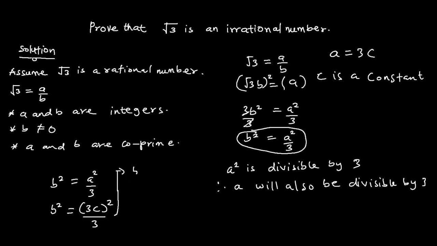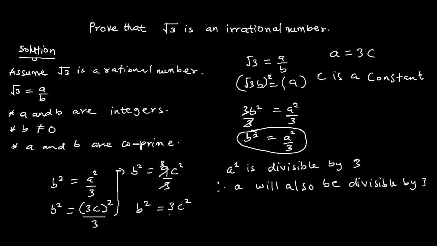So this will give me b squared equal to 9c squared divided by 3. This will cancel out this 9 here. So at the end you have b squared equal to 3c squared.